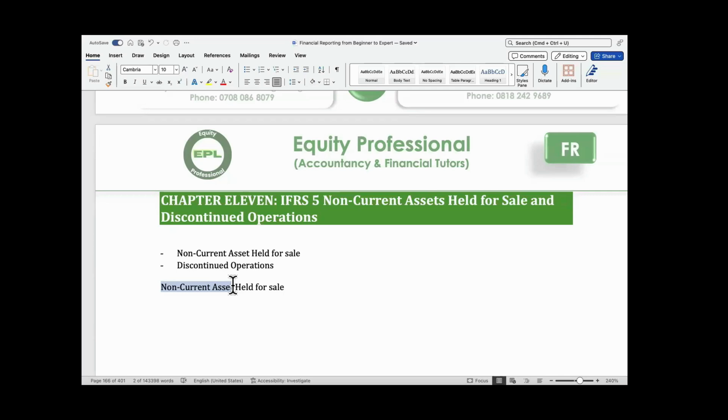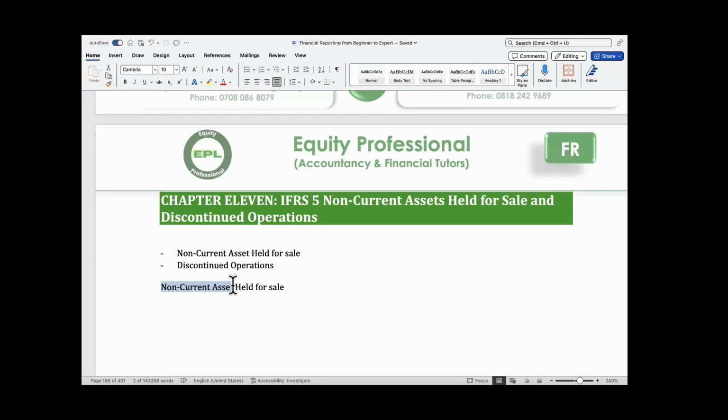But here we are today. We are looking at the fact that it's actually possible that you can have a non-current asset that you have then decided that you want to hold for sale.